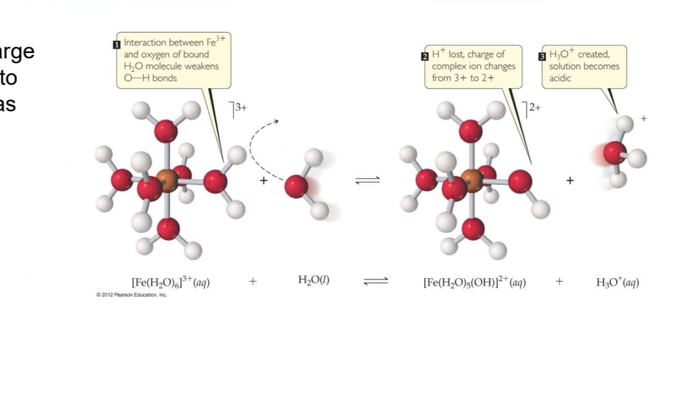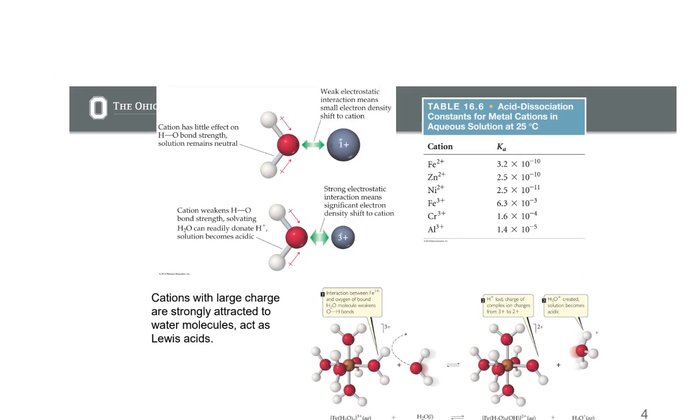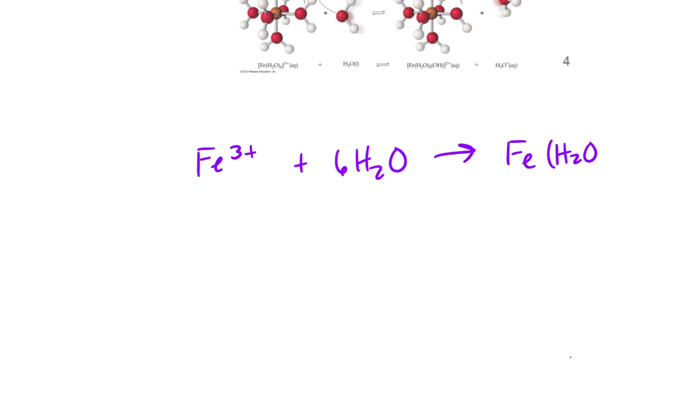We're going to zoom in here. Actually, let's draw it out. So let's take an example where we have iron 3+ and 6 H2O forming a complex ion like this.